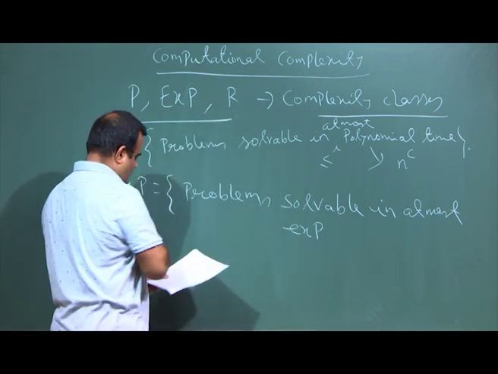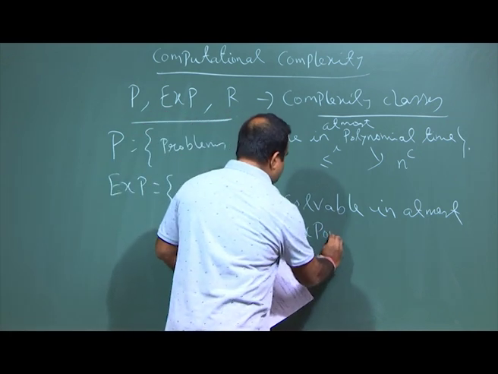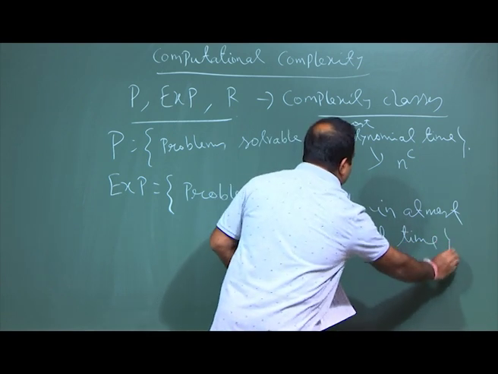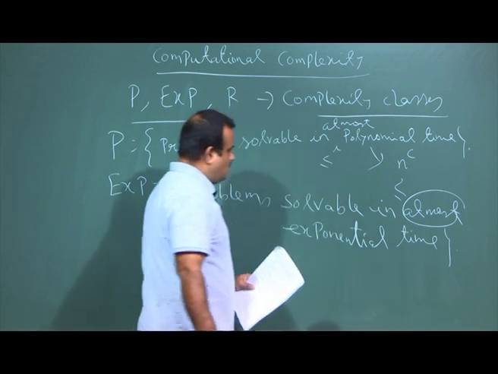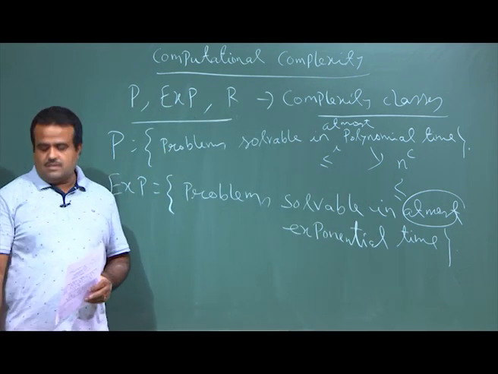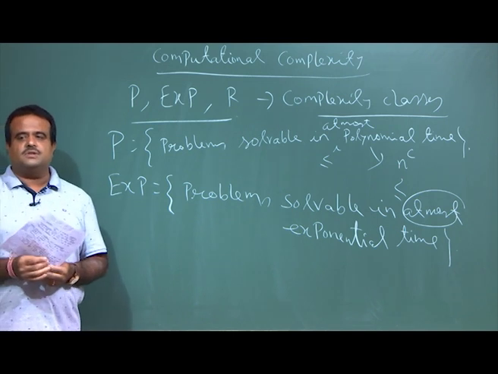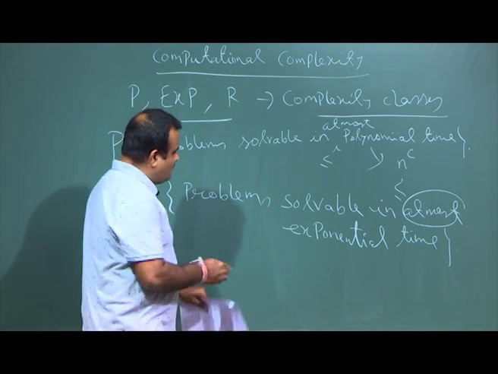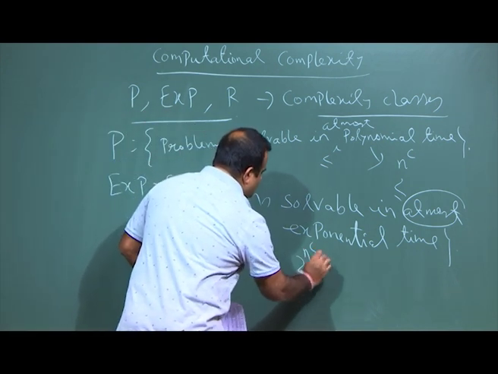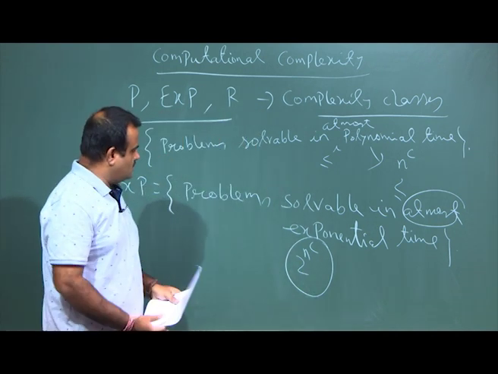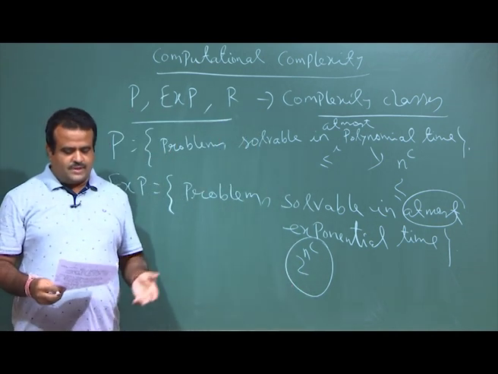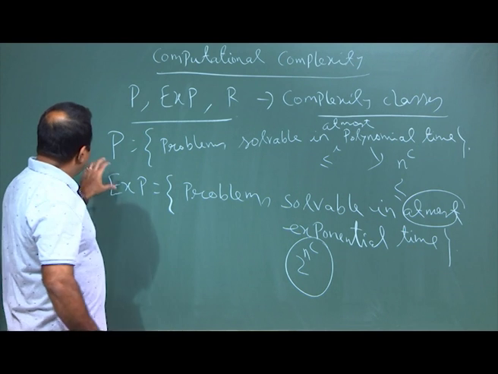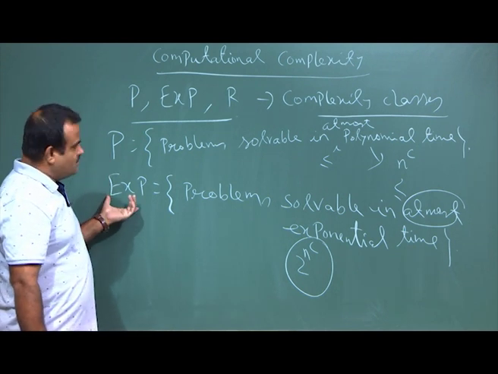That is why it is called EXP. This is the class where we put all the problems which will take exponential time. In particular we will look at 2 to the power n to the power c time, where c is a constant. This is the time complexity for such a problem. All the polynomial time algorithms are a subset of this.